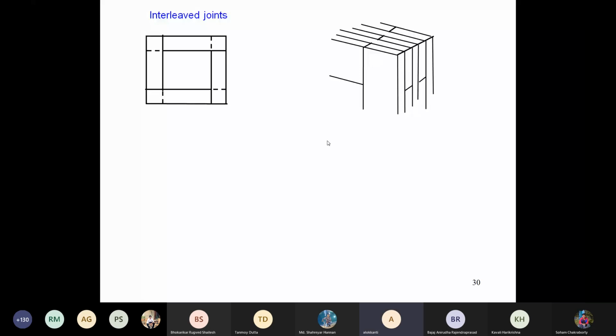So you understand the meaning of interleaved joints. If you keep all the sheet steels in one way, there may be some bias towards a particular orientation. So what you do is you do it in the opposite way. Okay, interleaved joints.